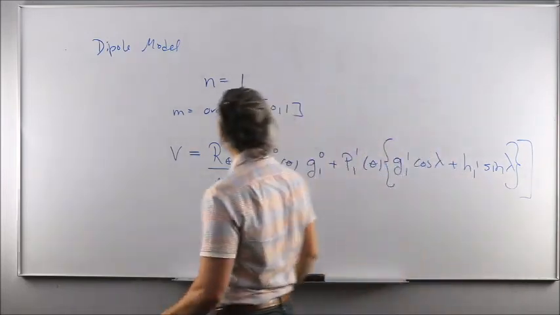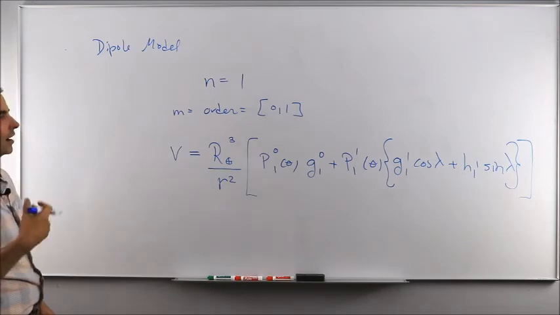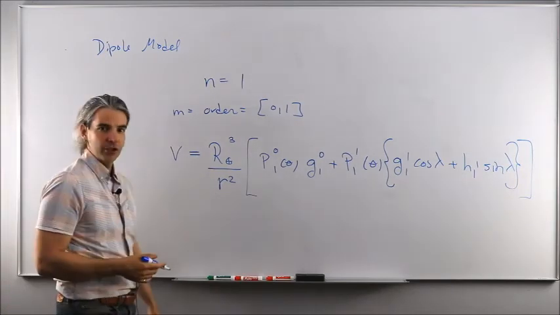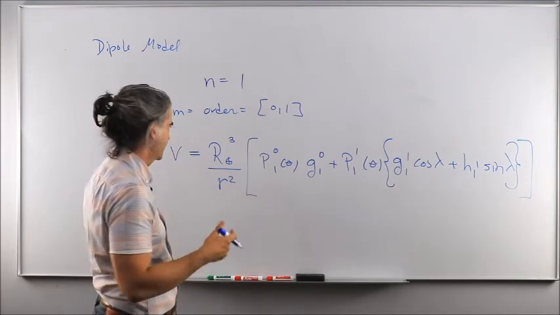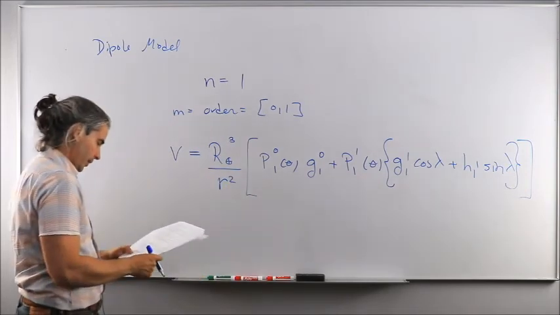Wow, isn't that great? This is a lot more neat and compact than using the double summation of everything with partial derivatives involved in the process and all that. This is a lot simpler to play with.